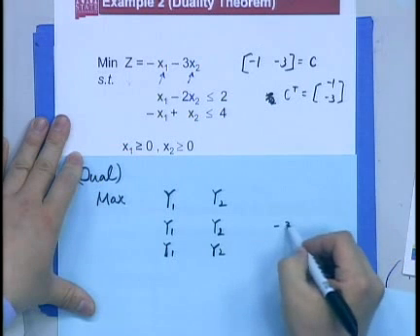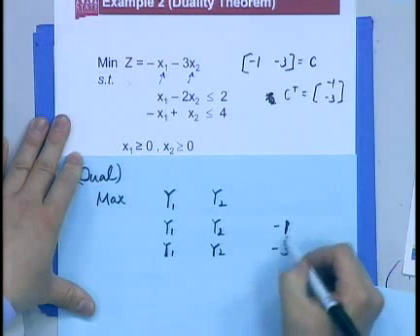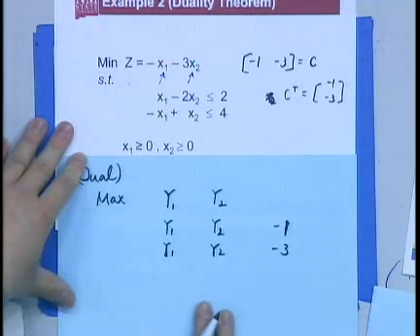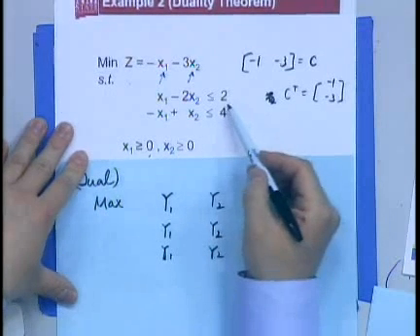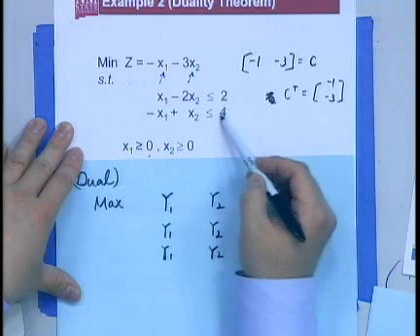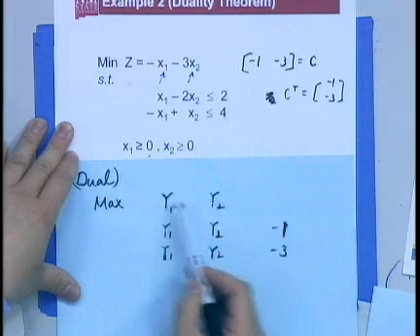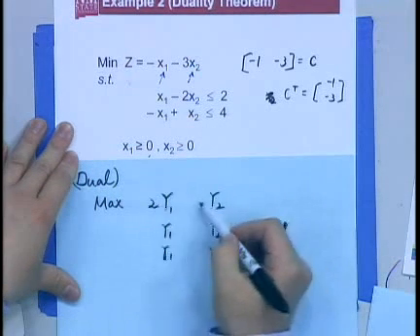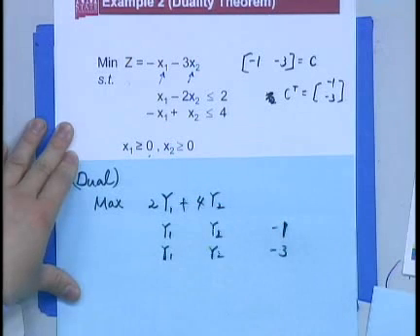So -1, -3 here. The right-hand side value of the primal problem is 2, 4, which means the transpose of this vector becomes the objective coefficient, which is 2, 4, right?